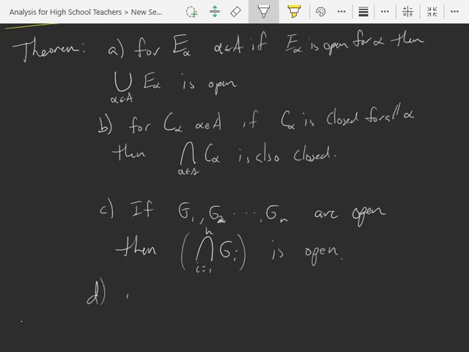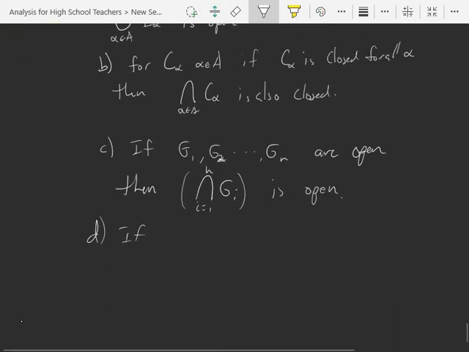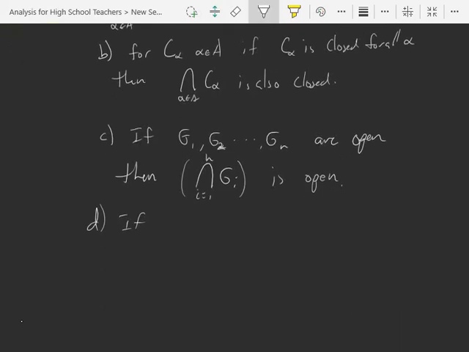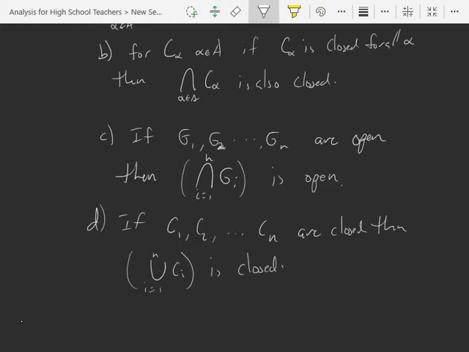And lastly, if we go with C's again, C1, C2, up to Cn are closed, then the union from i equals 1 to n of Ci is closed. Okay.